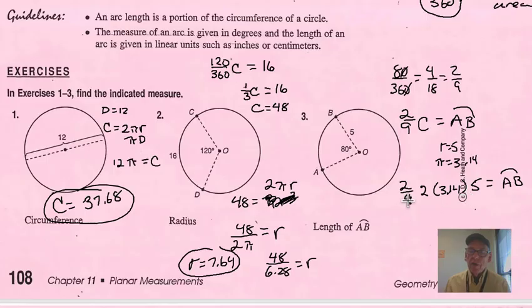So I'm going to do 2 times 2 times 3.14 times 5 and then divide by 9. That gives 62.8 divided by 9, which comes out to be 6.977, so 6.98. So the arc length AB is equal to 6.98.